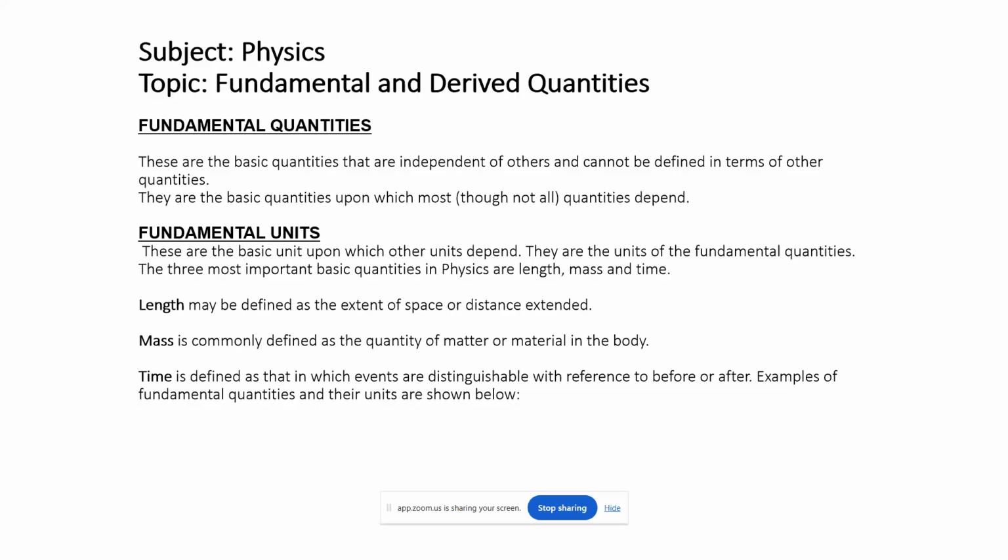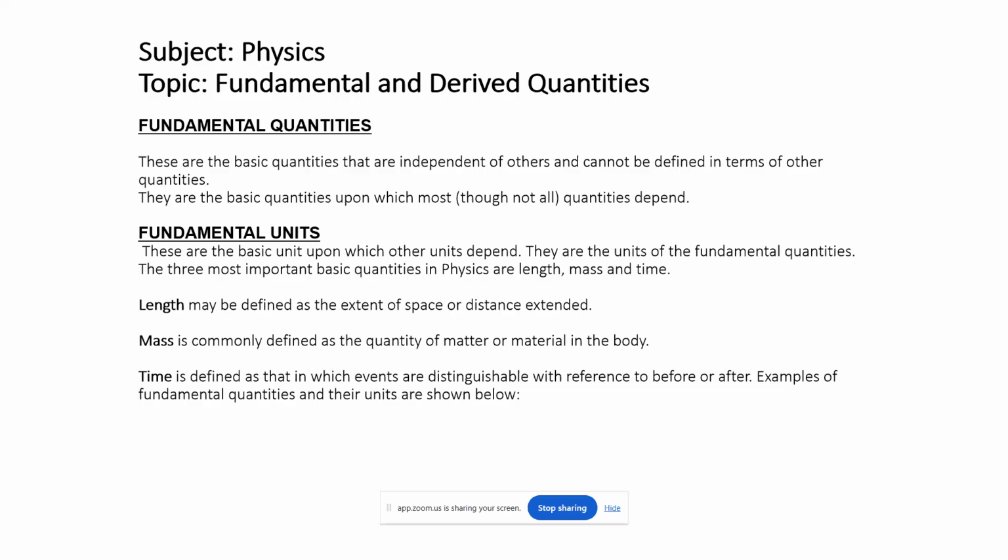Secondly, we have another fundamental unit which is very important, which is mass. Now we know mass is the quantity of matter or material in a body. Even the earth has mass. Whatever object you see around you has mass. So that is why it's a fundamental quantity. Then finally, we have time. There is no event that happens in space or on earth that is not measured with time.